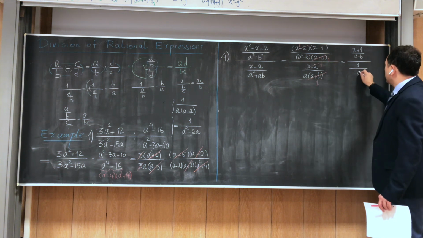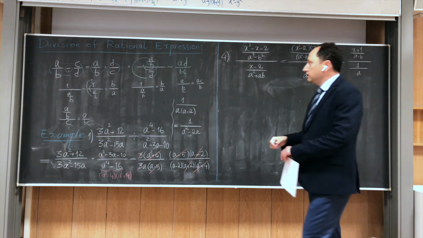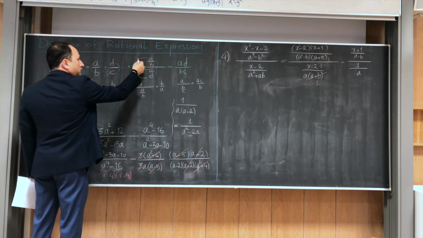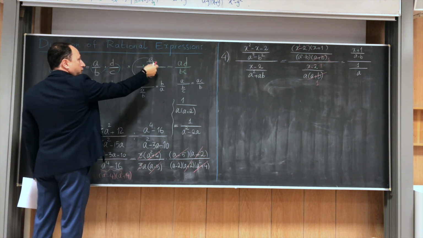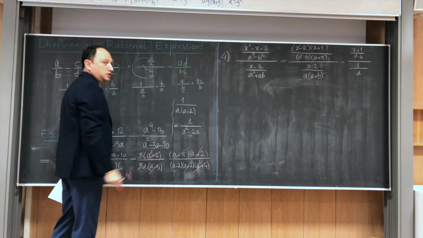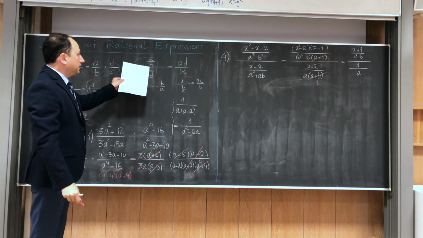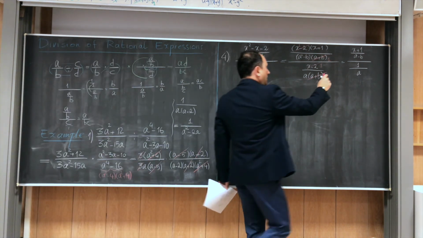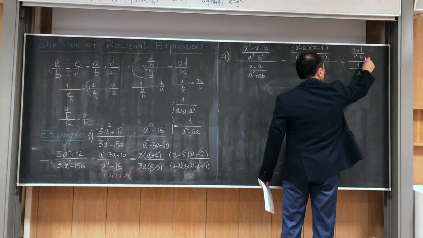A is left there. Now if I want to do the division operation, I need to multiply these numbers which are far away from each other and put the result in the numerator, and then multiply these two close together and put them in the denominator. So this means that I need to multiply these two and these two.